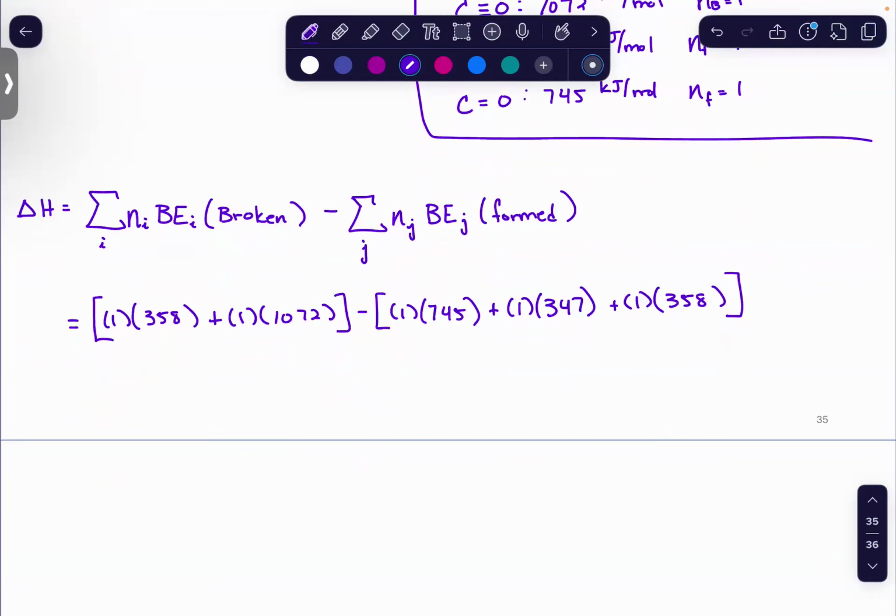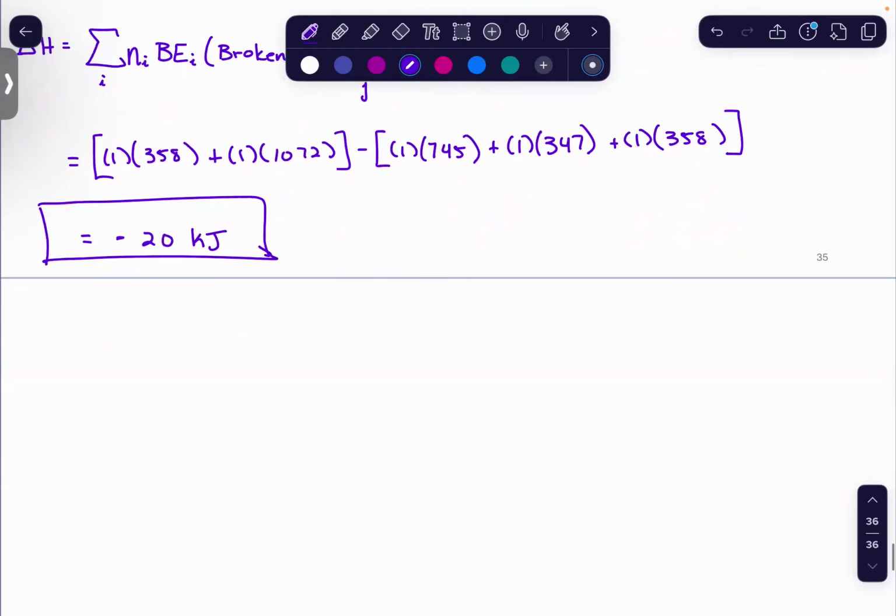And when I add all this up, I am going to get negative 20 kilojoules as my estimated change in enthalpy.